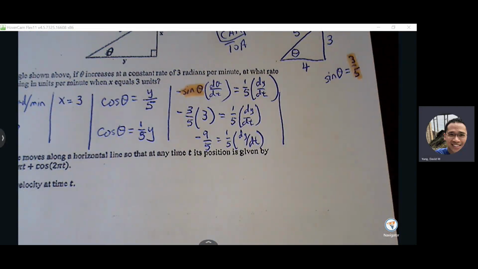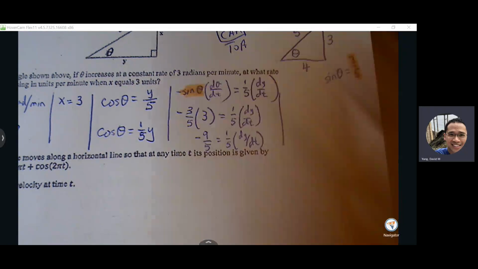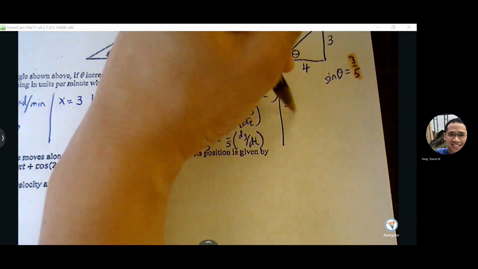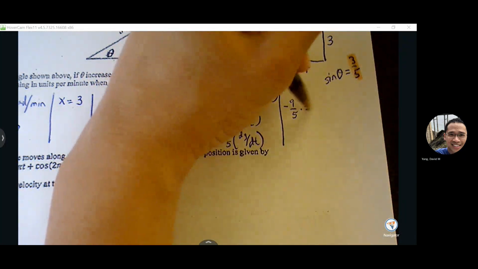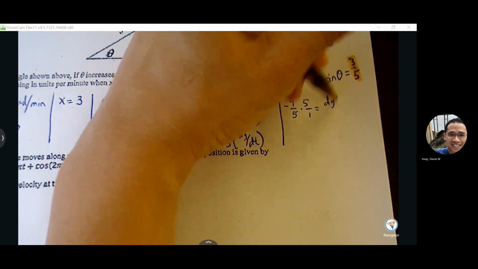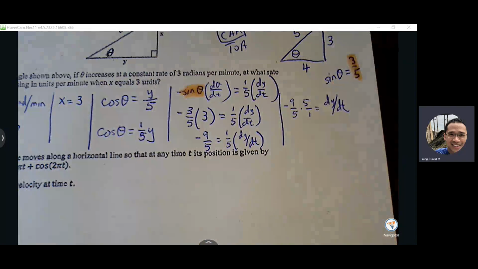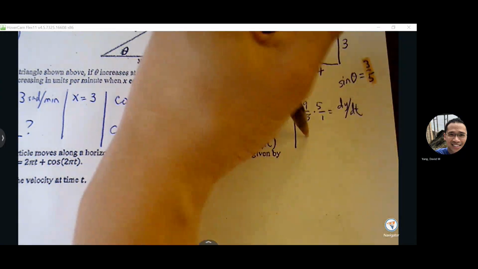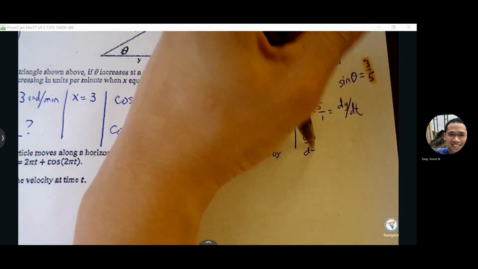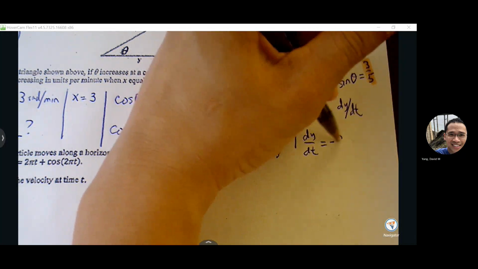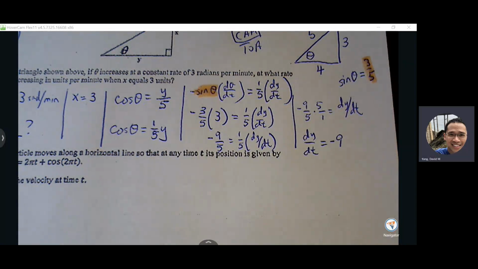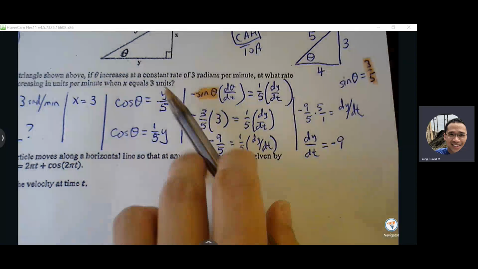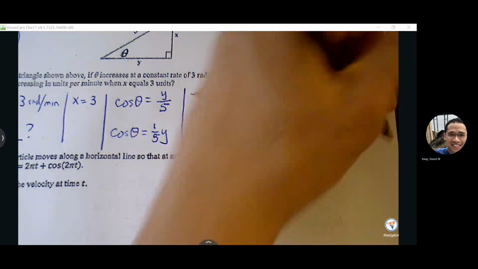Dividing by 1/5 is the same thing as multiplying by 5/1. So dy dt equals negative 9 because the 5's cancel out. We're not told what the specific unit is, so we can say units per minute.